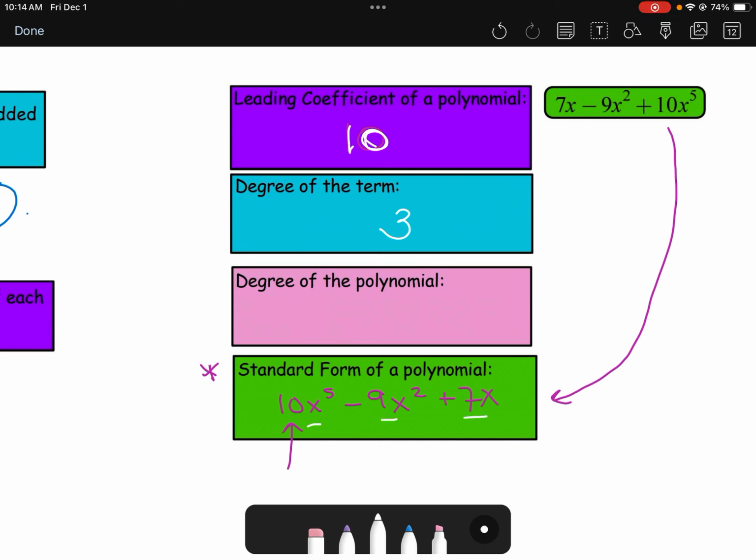It has 3 terms. And the degree of the polynomial means what is the highest exponent? That would be 5. So again, for the degree of the term, just think about how many terms, and for the degree of the polynomial, what is the highest exponent? That's how you want to think about it.